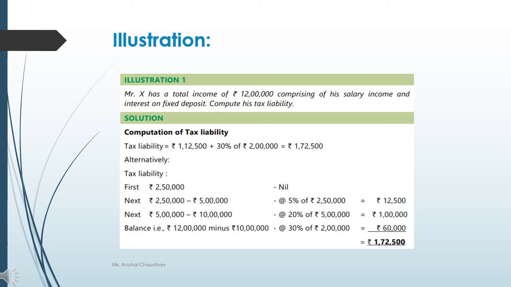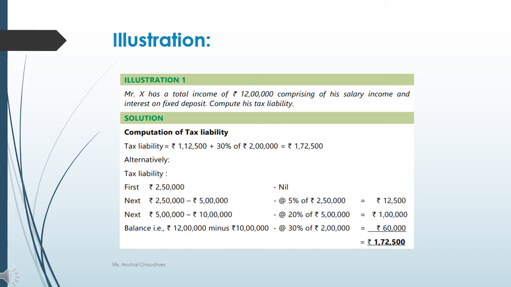On 2,50,000 there was no tax. Then we will start from 2,50,000 to 5 lakh. So the total amount is 2,50,000, and 5% on 2,50,000 will be your 12,500.